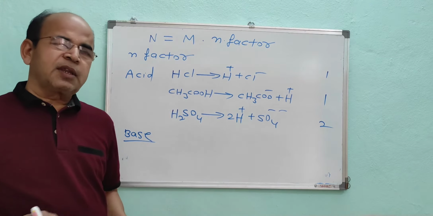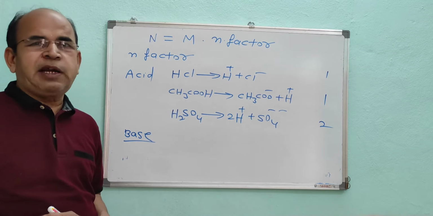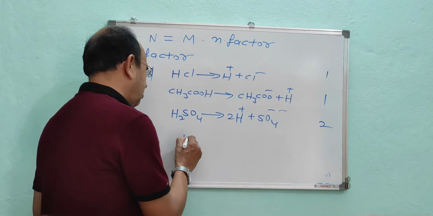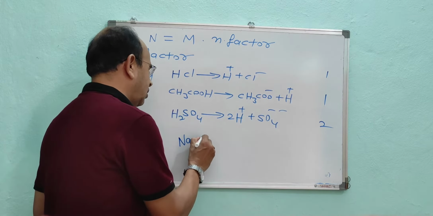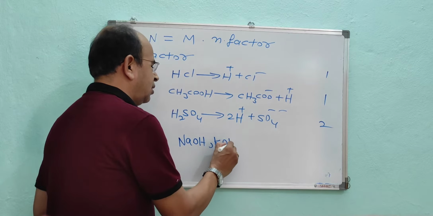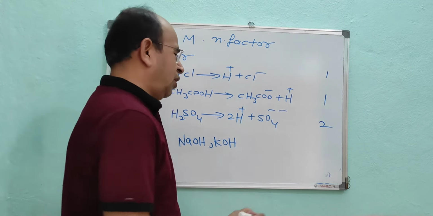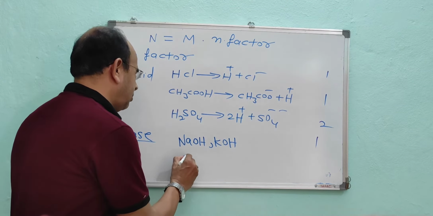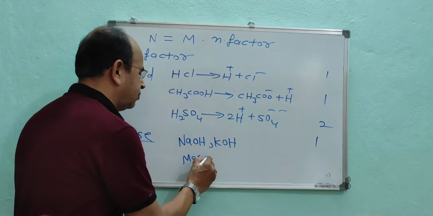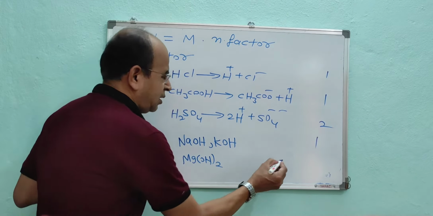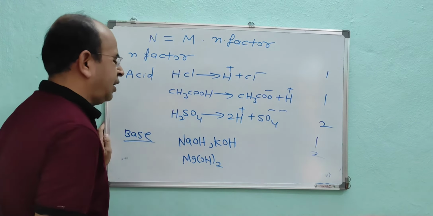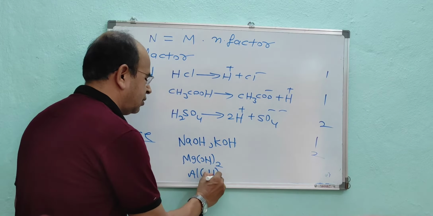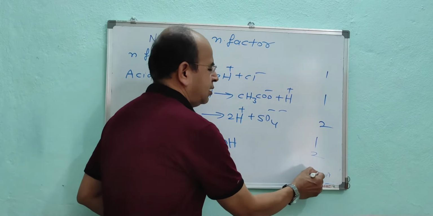Sodium hydroxide NaOH and potassium hydroxide KOH give one OH ion, so N factor is 1. For magnesium hydroxide, N factor is 2 because it produces 2 OH ions. Aluminum hydroxide, Al(OH)3, N factor is 3.